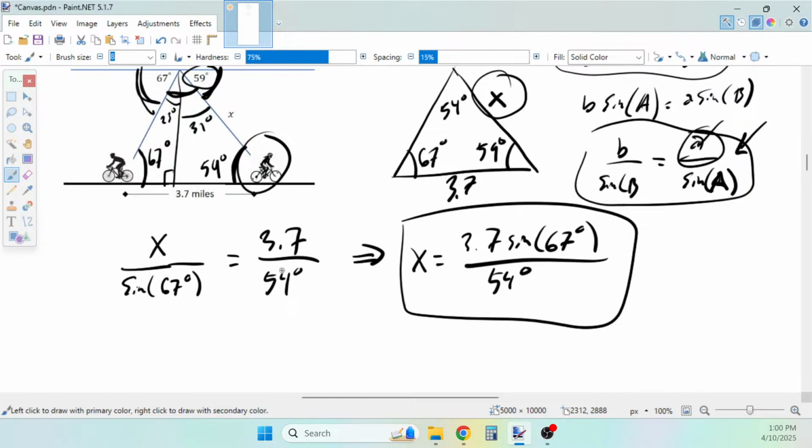I can plug that into a calculator. If I do that, I get 4.09.